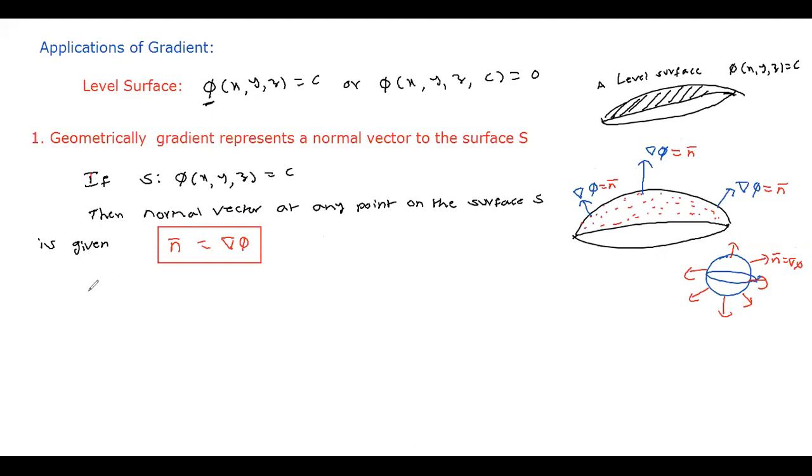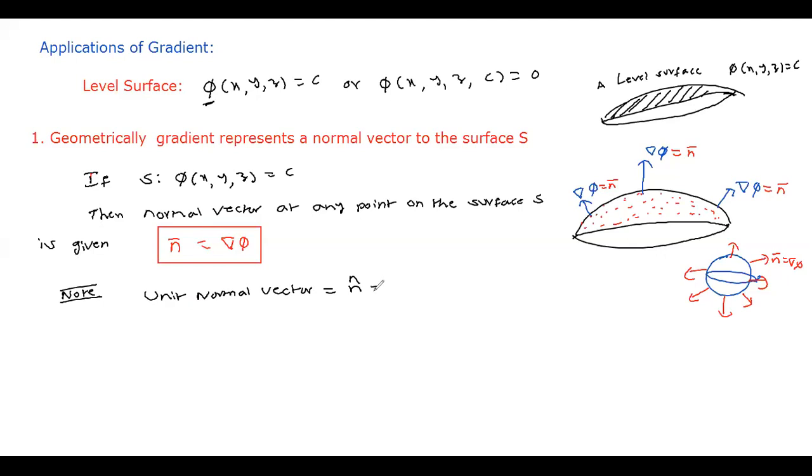If I want the unit normal vector, I divide by the magnitude. We denote the unit normal vector with n cap.